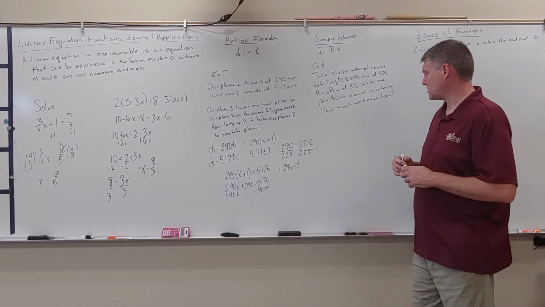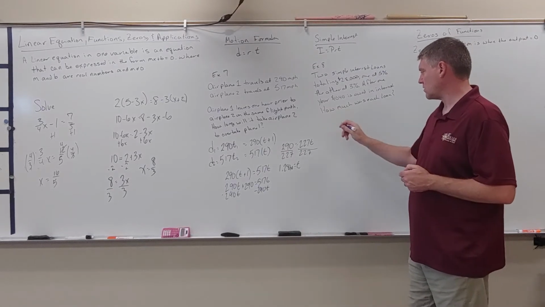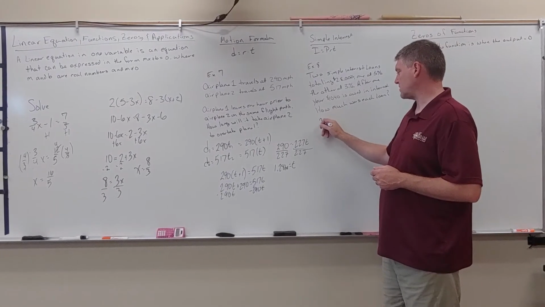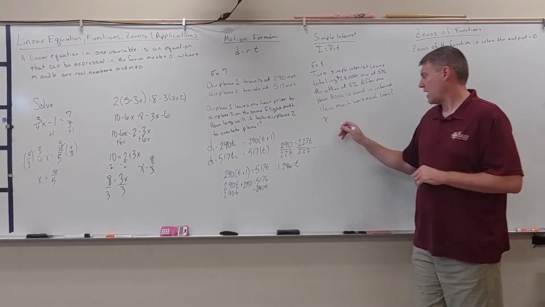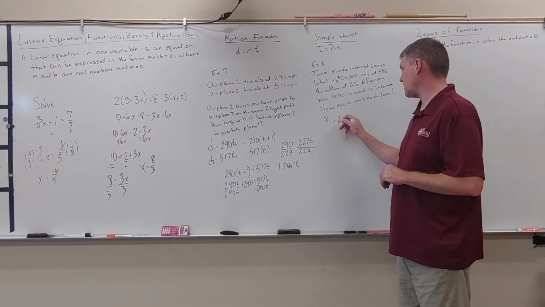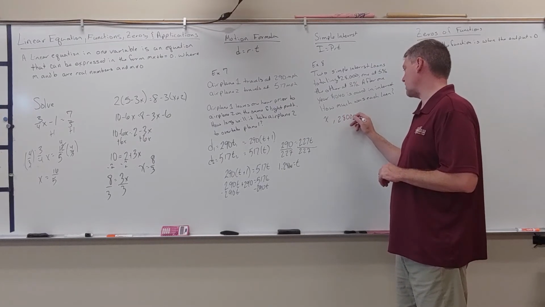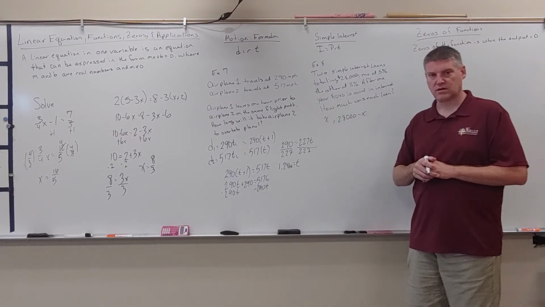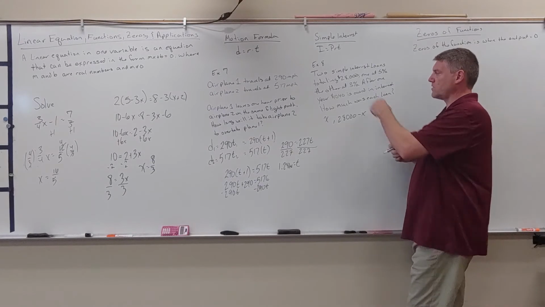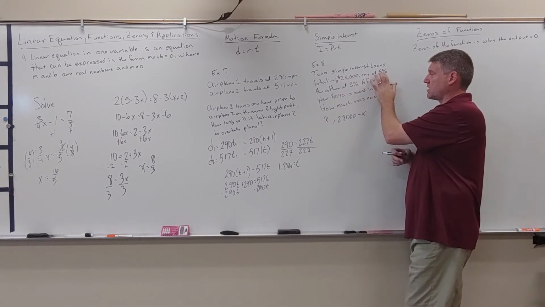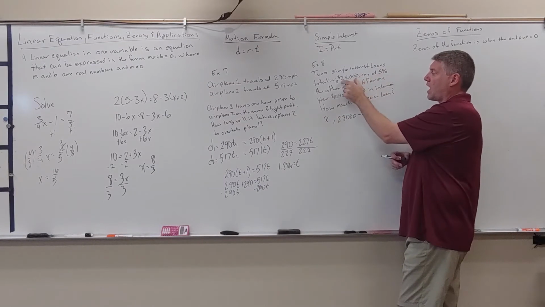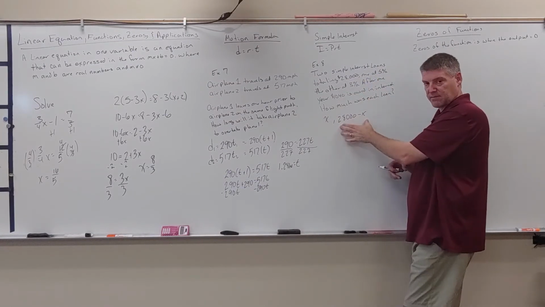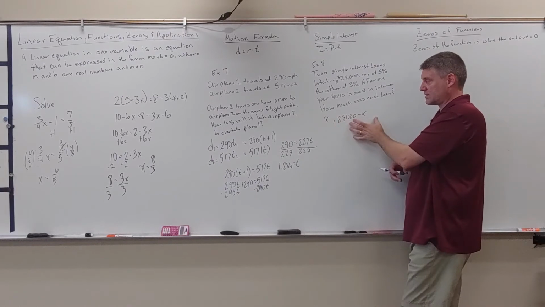So for instance, I have a loan that's tallied at X dollars, right? And so my other loan has to be $28,000 minus X. Because if I know the first loan amount, let's say that's at 5%, I know that the other loan has to be that much minus that.